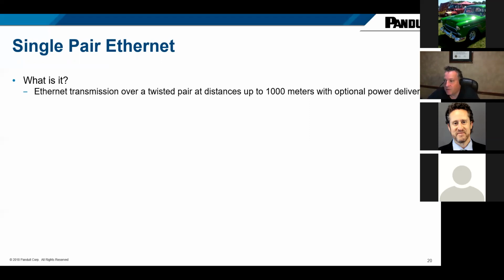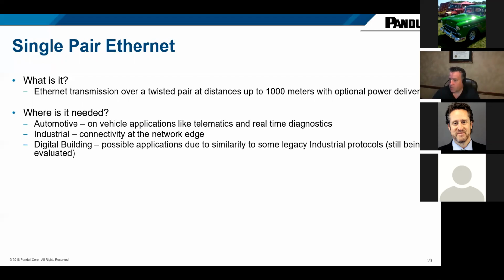It delivers Ethernet up to 1 kilometer over a single pair, right? So when you think of copper cable for Ethernet, we're typically limited to 100-meter length, and we typically have 8-wire or 4-pair. So now we're delivering Ethernet over up to 1 kilometer. So where is it needed?